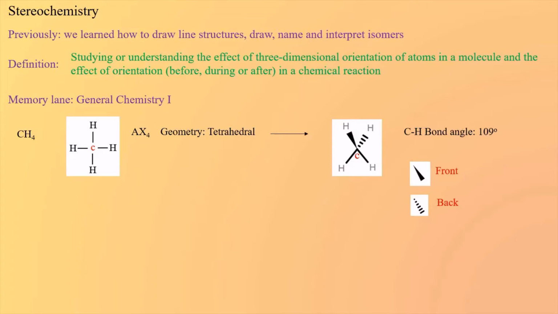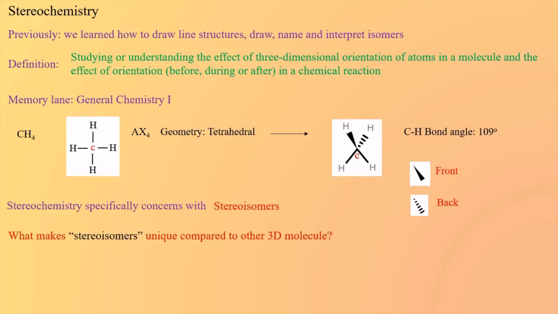Now it's important because, as we already established, stereochemistry revolves around three-dimensional molecules. But stereochemistry actually works around something very unique. It's called stereoisomers. We've learned the idea of isomers, but what are stereoisomers and how are they unique?